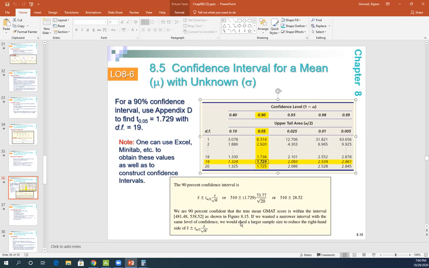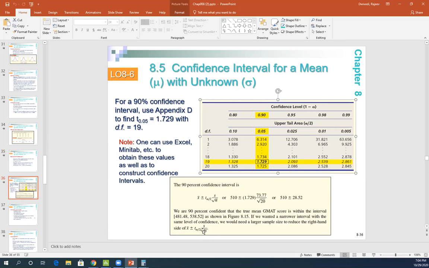Basically, this is 481 to 538 based on a sample size of 20. So the range is very wide, almost 54 or 55, with 18.5 on one side and 538 on the other. Suppose you want to reduce this, you need to increase the sample size.